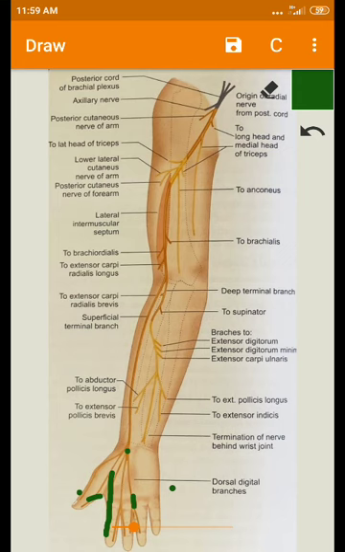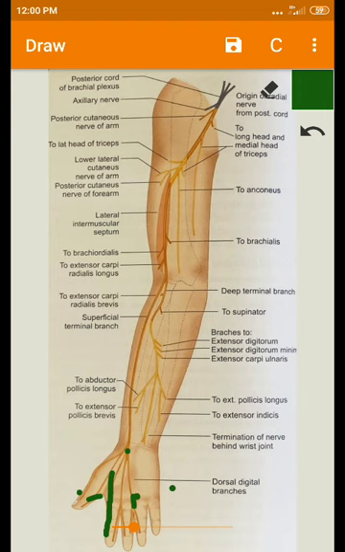So one is the medial side of the index and lateral side of the middle finger, and the other branch gives 2 slips, supplying the medial side of the middle finger and lateral side of the ring finger.